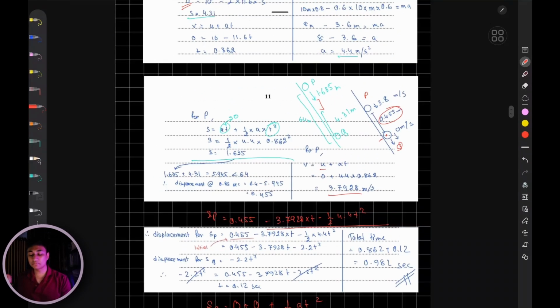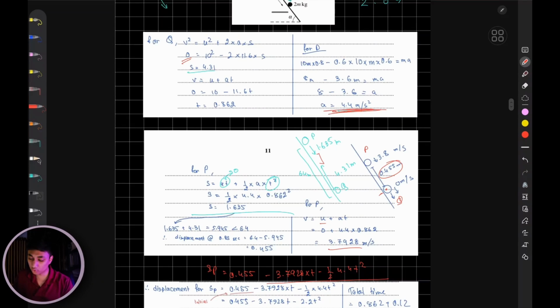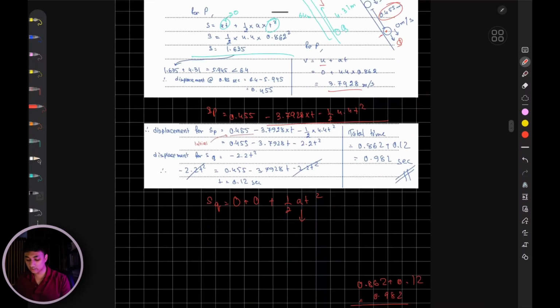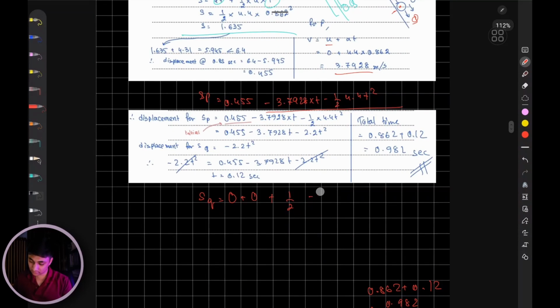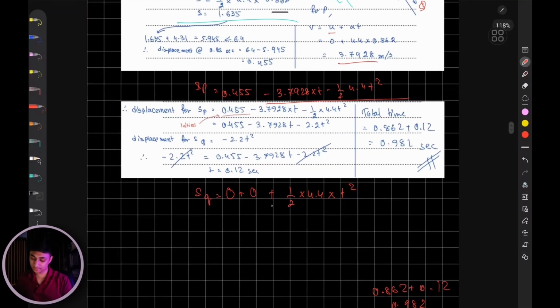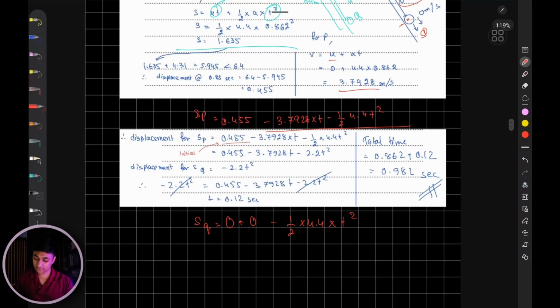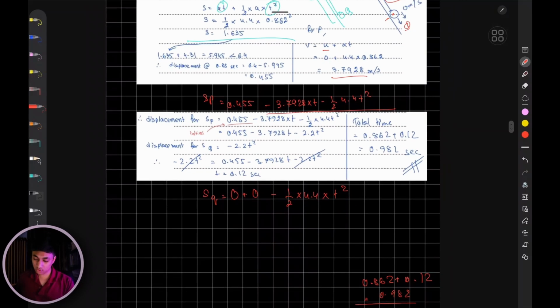In case of P, it was 4.4, if you remember. In case of Q, it's going to be the same as well, 4.4 meters per second squared. Therefore, I'm going to write half times 4.4 times t squared. Now, notice one thing, this is going to be negative. Why? Both of those are acting downwards. Acceleration for both particles P and Q is acting downwards, which is why we're going to add this negative sign.